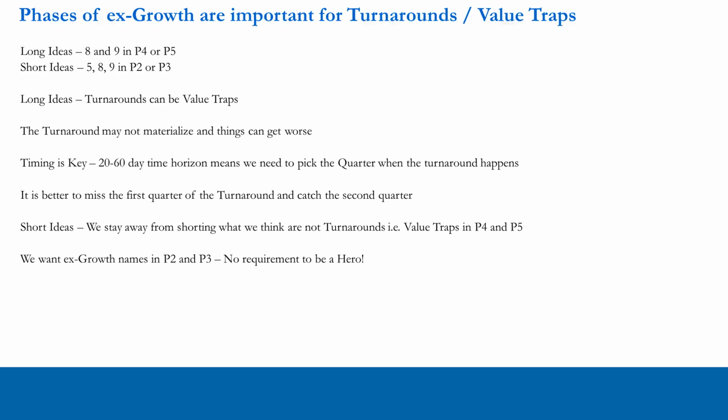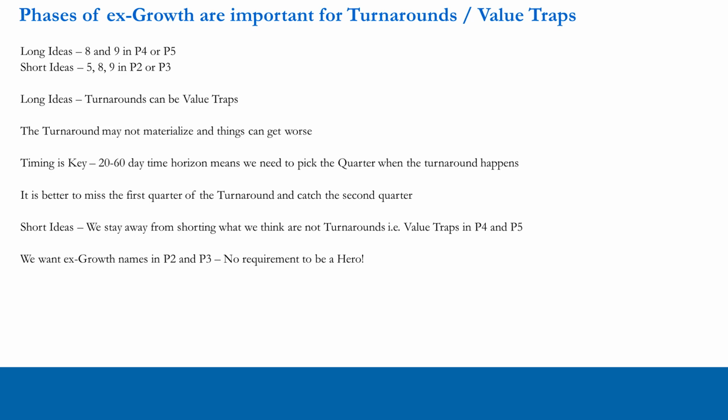But we should always understand that these are not ideal situations for both longs and shorts. For example, for a long idea that's a turnaround, of course, we can be wrong and it can be a value trap and we can lose money. The turnaround may not materialize and things can get worse.